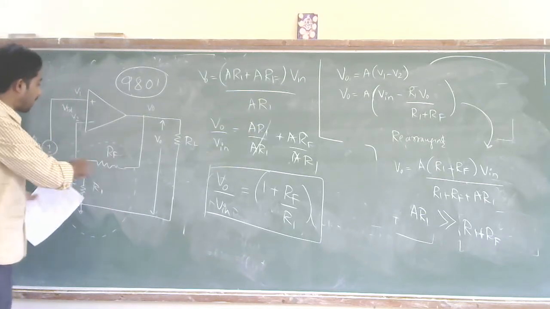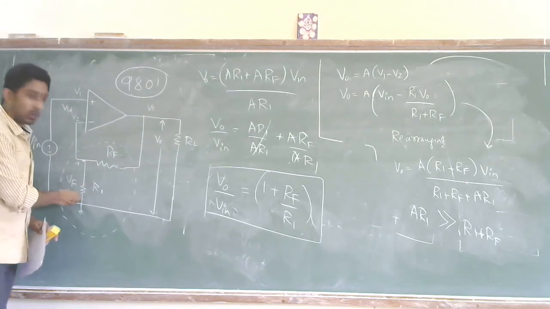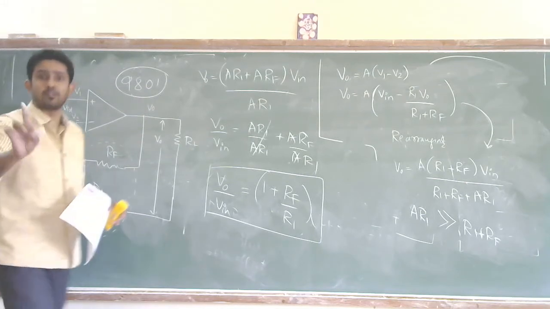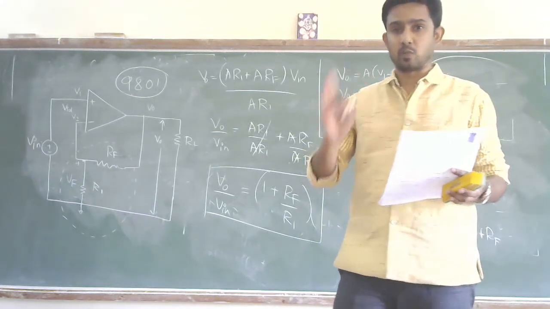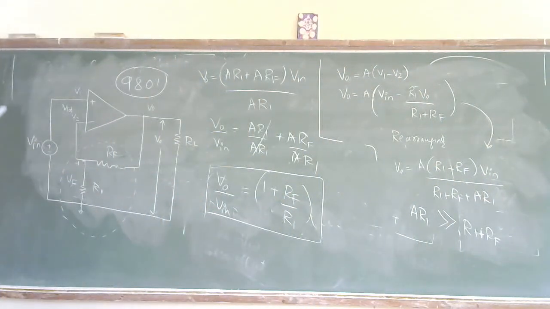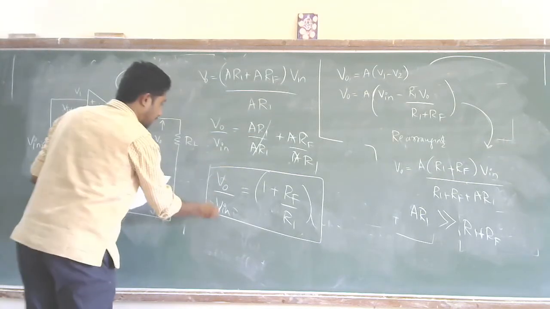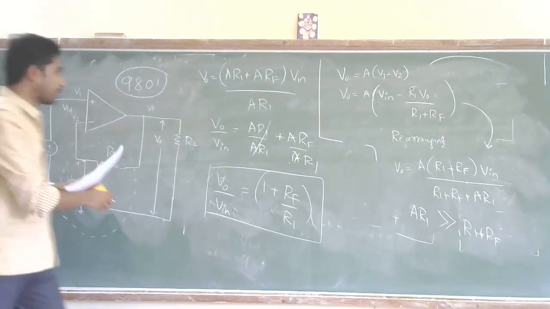The reason of arranging in this fashion is to show you the importance of R1 and RF. The combination of R1 and RF behaves like a feedback network. That was the intention, and that's all about the gain equation, the output by input voltage equation for this amplifier.